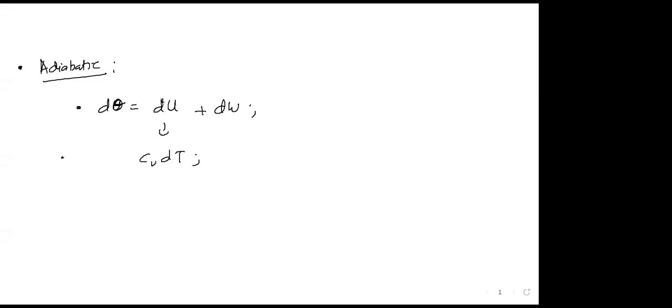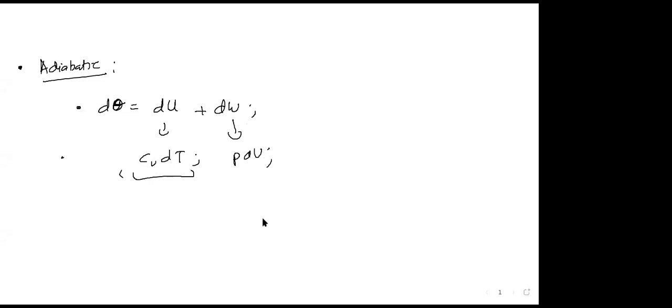Since kinetic energy is going up, we know that temperature is going up, by a constant of proportionality, which we called specific heat. And dW was nothing but the work done, which was P dV.